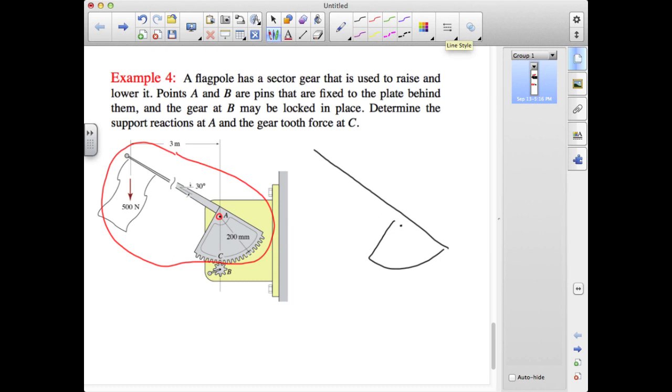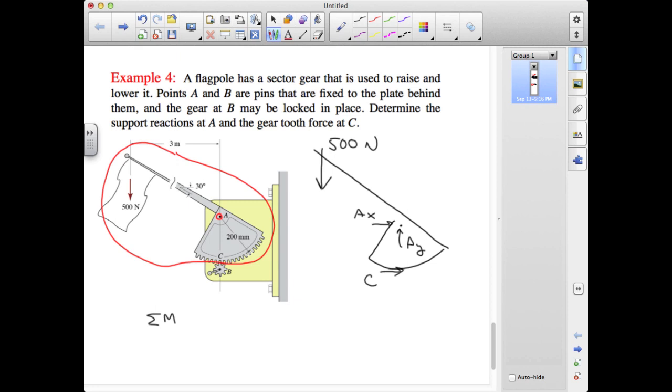Here's A, and I'll draw an AX and AY component at this location. And then again, I'll draw just a tangential component at C because we're assuming the sector gear and the smaller spur gear are both supported at their bearing. So we're neglecting the normal force. And then we have the weight at the top here of 500 newtons.